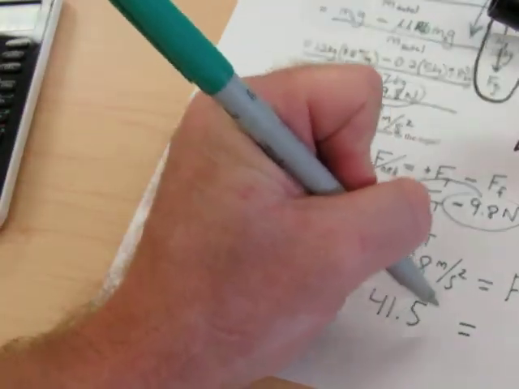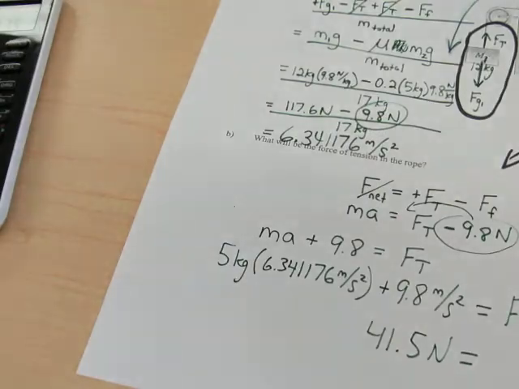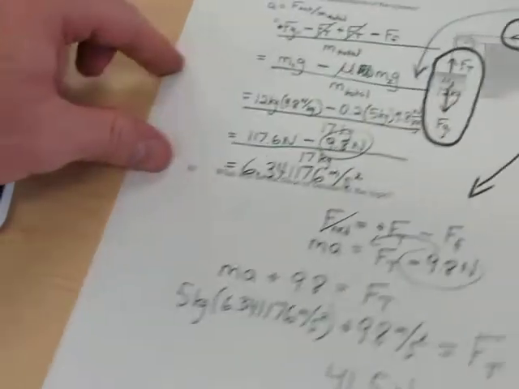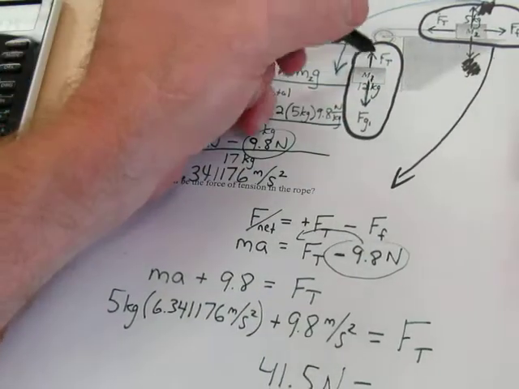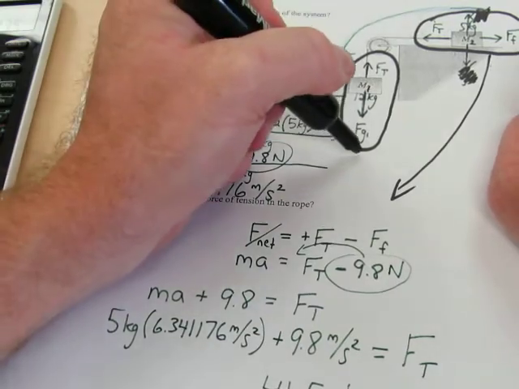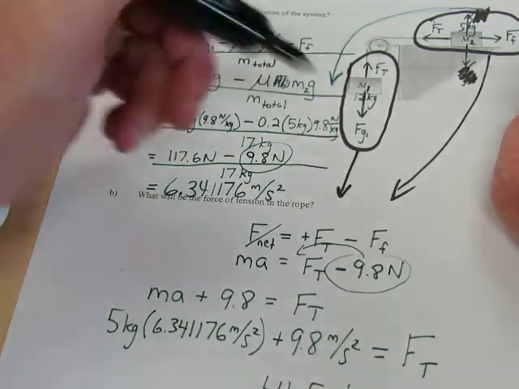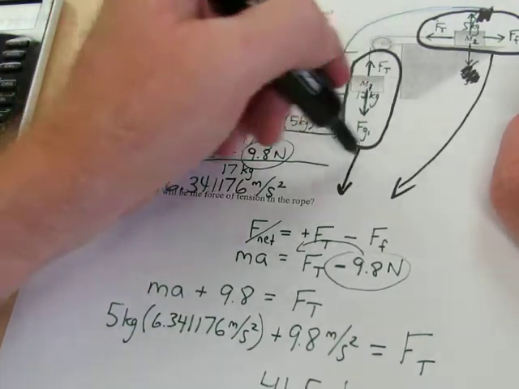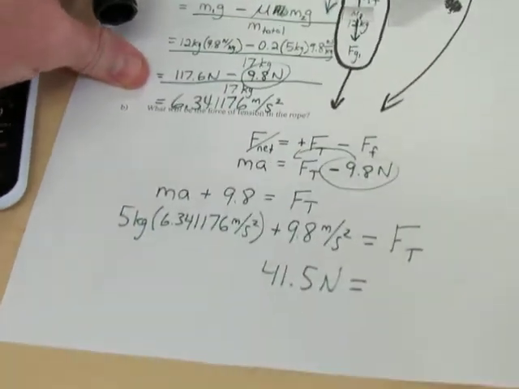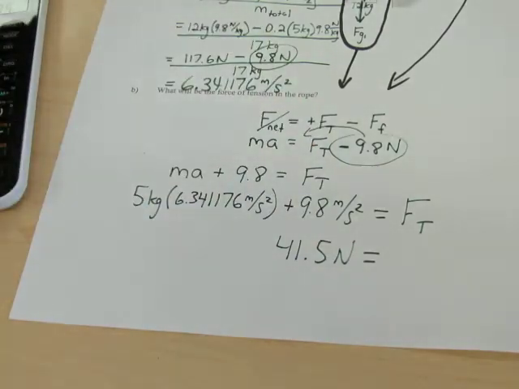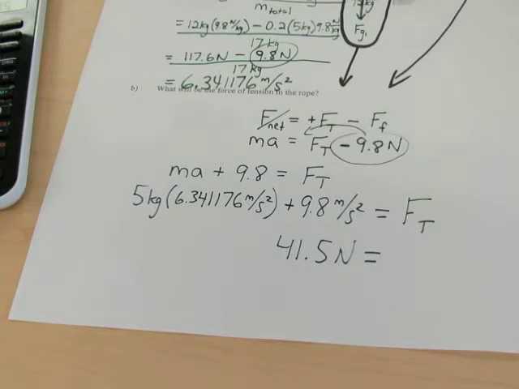41.5. Now if you repeat this calculation, and you can do it on your own, if you take the other mass and you write a second force of tension formula, or a net force formula for just this mass, and you go through the work, you should also get 41.5. So you've got some choices here to realize how to do it correctly.